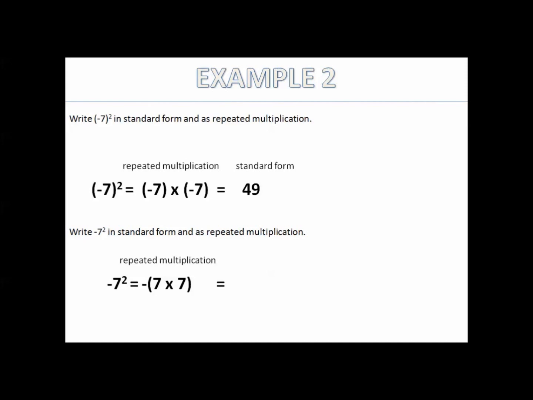So we have the negative on the outside of the brackets because the 2 only applies to the 7 and not the negative sign. So our repeated multiplication is -7 times 7. And we know that this comes out to 49 in the brackets, and then we factor in the negative, so -49.